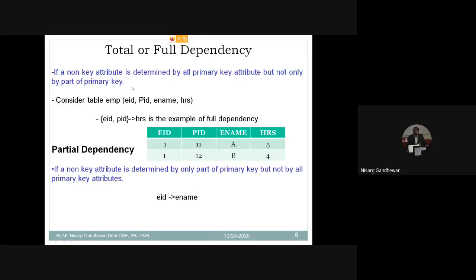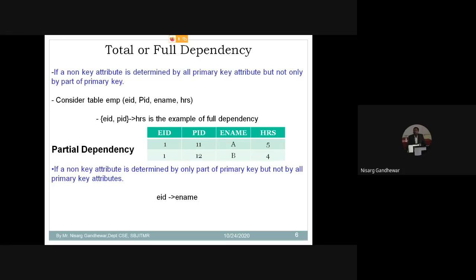So very first is total, or you can say full dependency. Again I told you that we are going to use this concept in normalization. So you should be able to identify whether in a given relation there exists total or full dependency or not. For that purpose, your concept of full dependency should be clear.